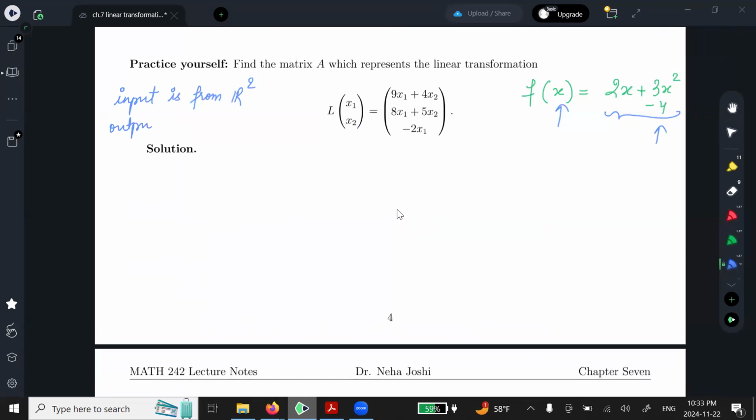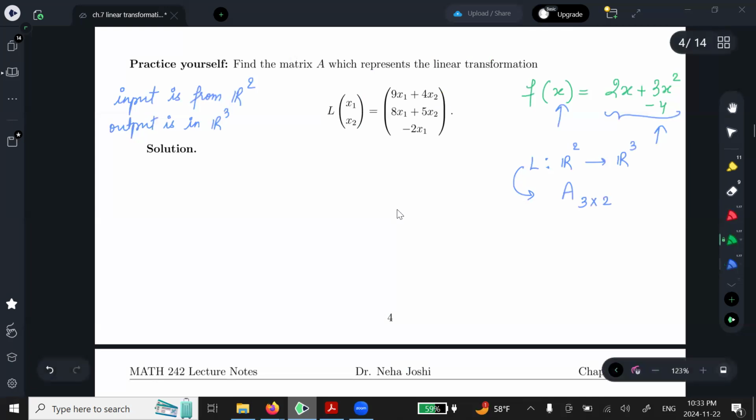The output is in R3 because this vector has 3 components. So my linear transformation is taking a vector from R2 and throwing it in R3. And we learned a rule: if your linear transformation is going from R2 to R3, then the matrix for this linear transformation will be of order 3 by 2. This means that 3 will be the number of rows, 2 will be the number of columns.